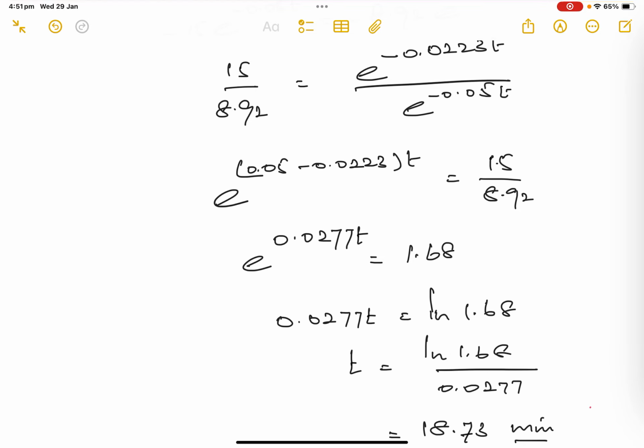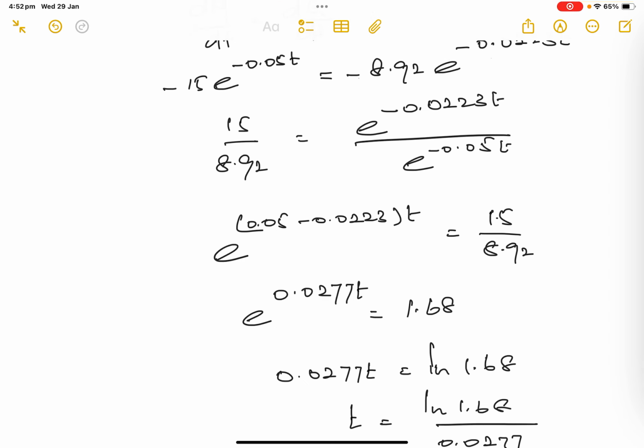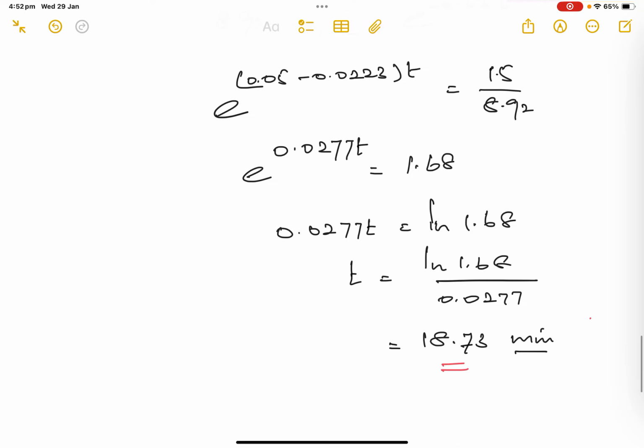If you move the denominator to the numerator, the sign will become positive. That means e to the power of 0.05 minus 0.0223 t, and the right-hand side is 15 over 8.92.